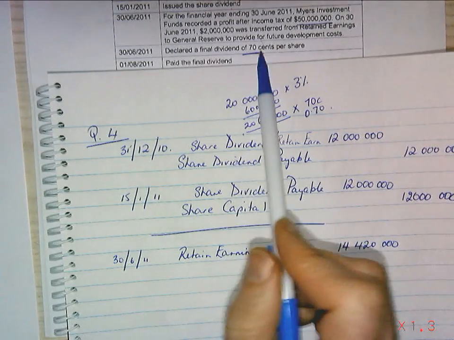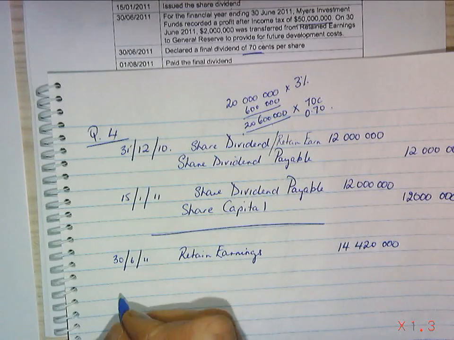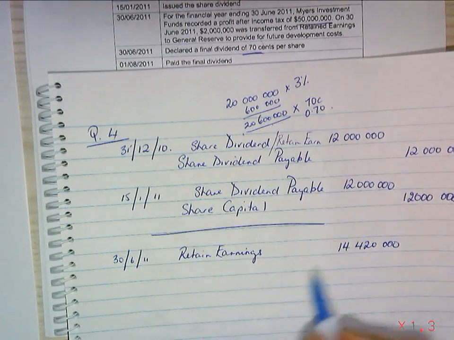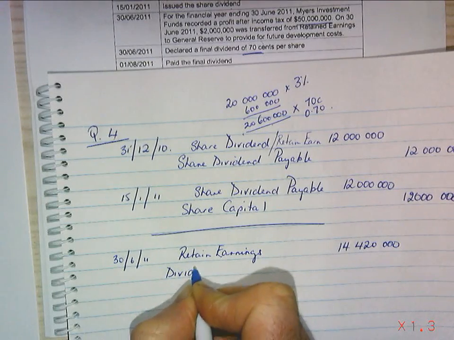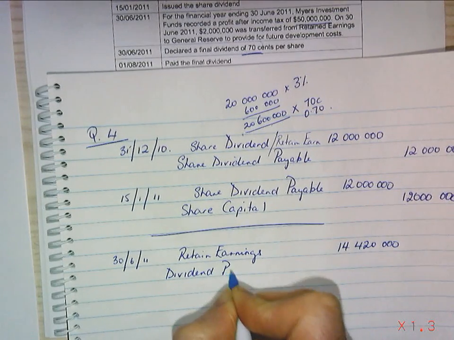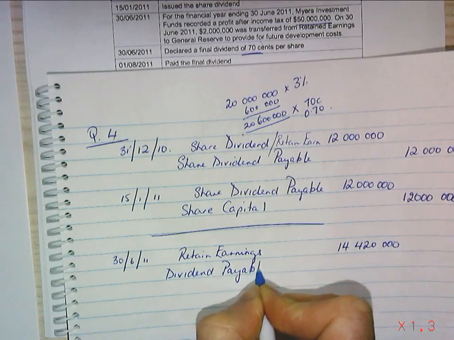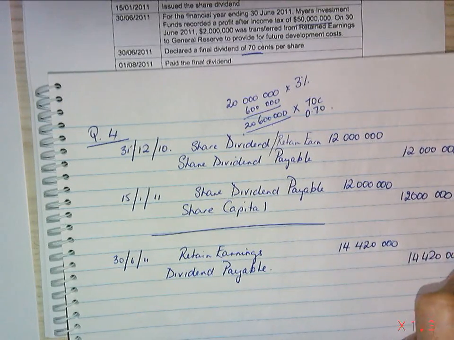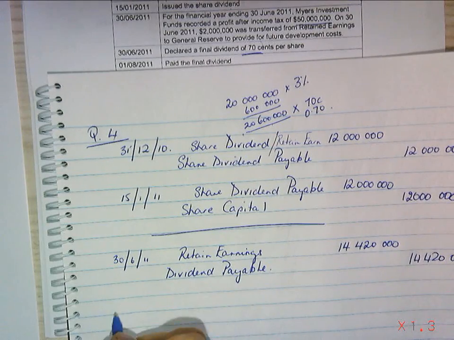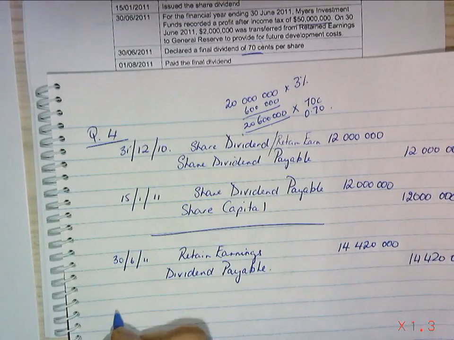Read the question. And then it says I paid my final dividend. Oh, actually, let me finish my journal entry. And now on the 1st of the 8th, I pay my dividend.